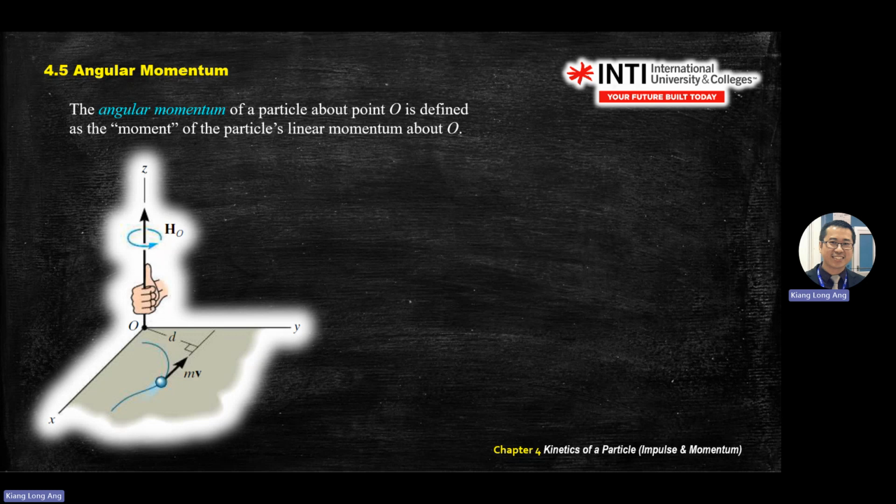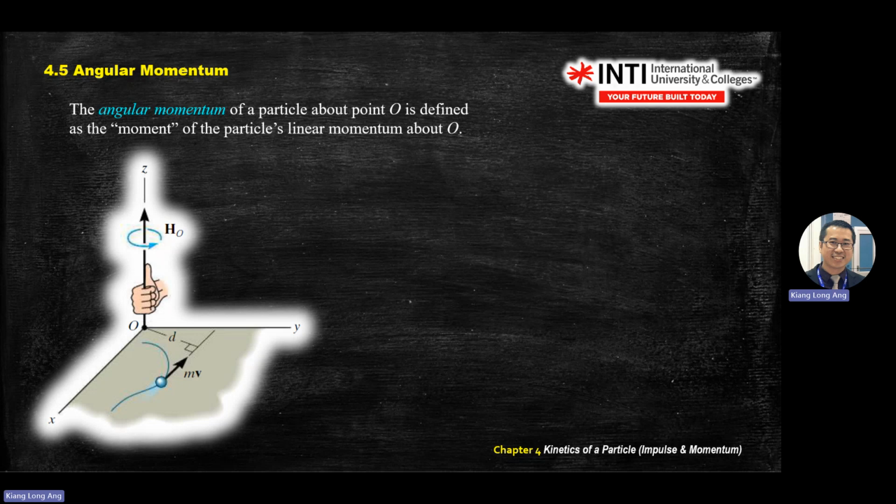Okay. So when you have a reference point, let's say O, and you have a force, and you have a distance from the reference point. This is the reference point.